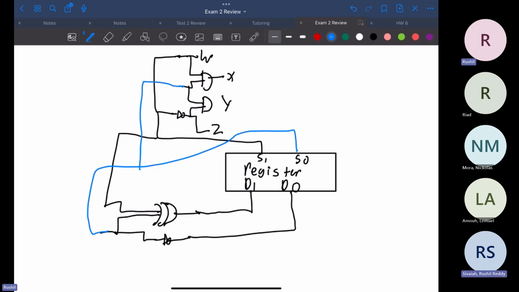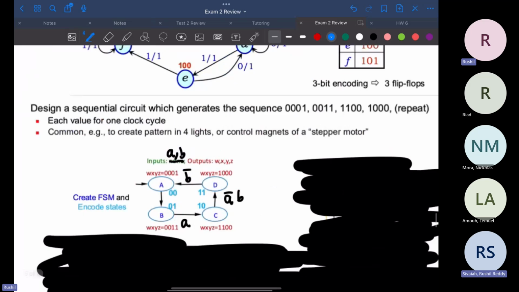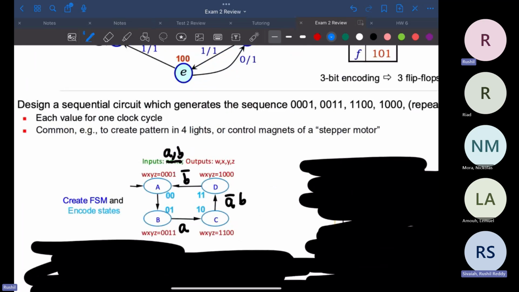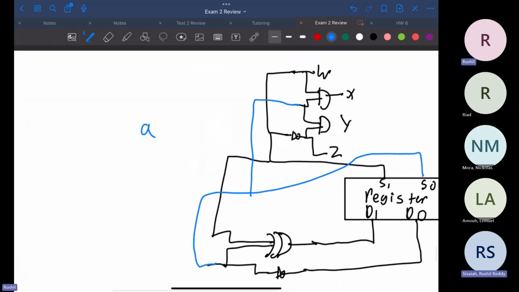You see how now there's no wire coming out of nowhere? They're all connected together, just like in this one right here. All the circuits are connected together. If there was an input, let's say we have A right here, that can come out of nowhere, but all the other ones have to stay together. Any questions about that? Because this is probably going to be the last thing we go over.